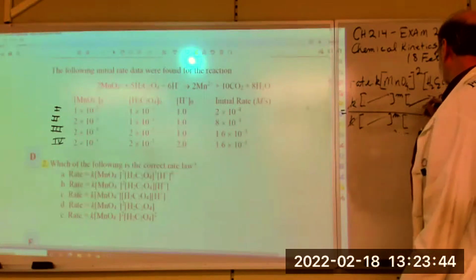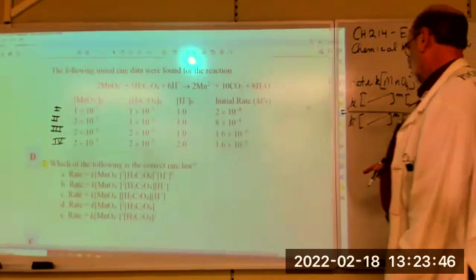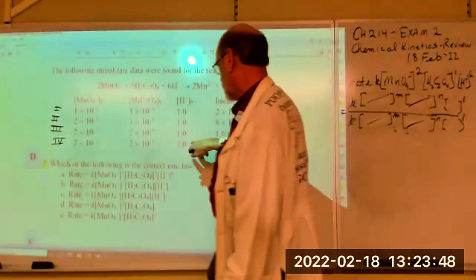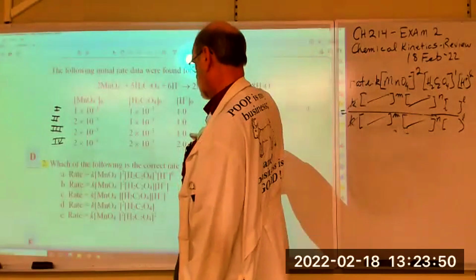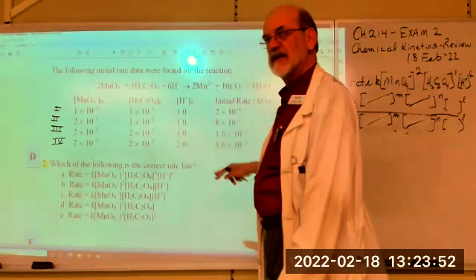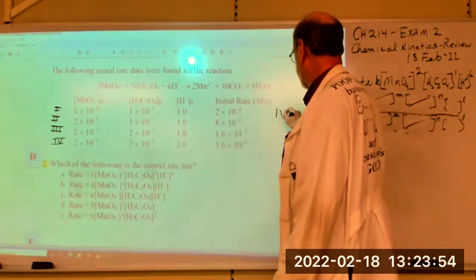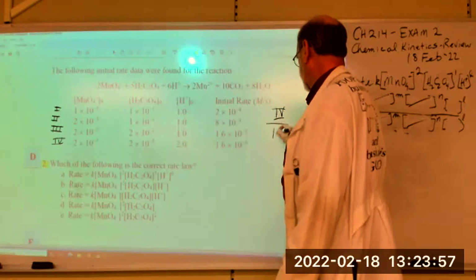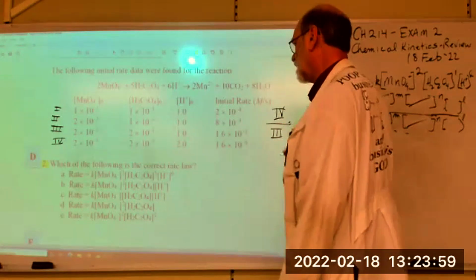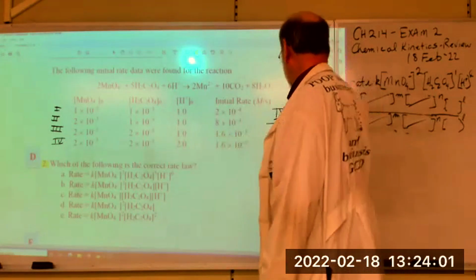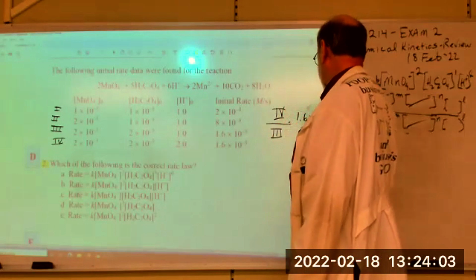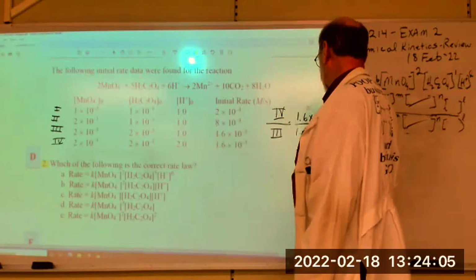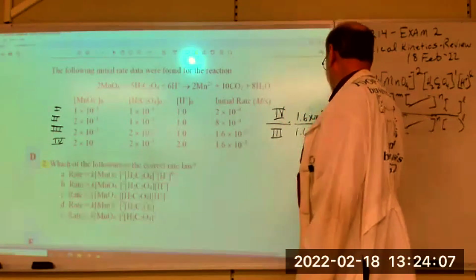Okay, so this one's going to cancel out and leave this one. So which one does this one change? How about these two, 4 and 3? So the rate for 4 is 1.6 times 10 to the minus 3, and 1.6 times 10 to the minus 3 is the other one.